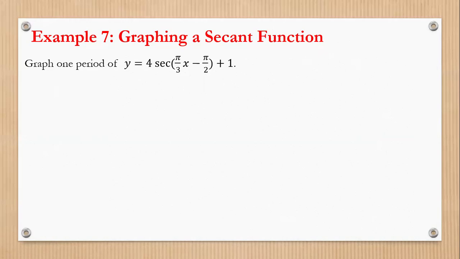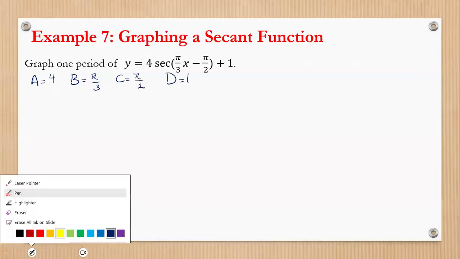So first of all, we need to know what's A, what's B, and what is C. So the A is 4. The B is pi over 3. C is pi over 2. And D is 1.